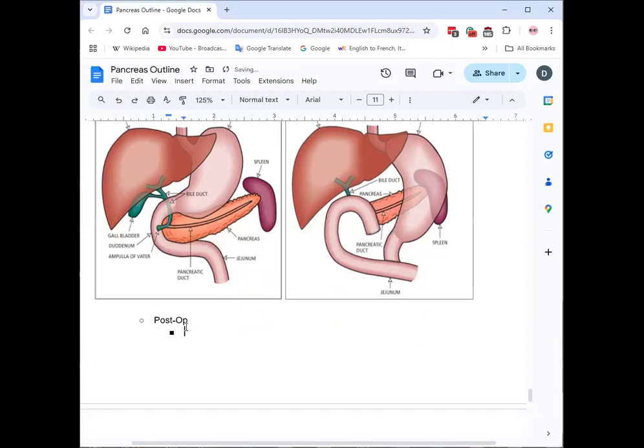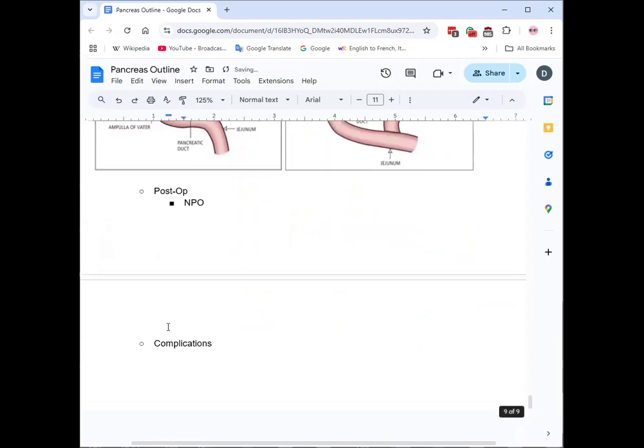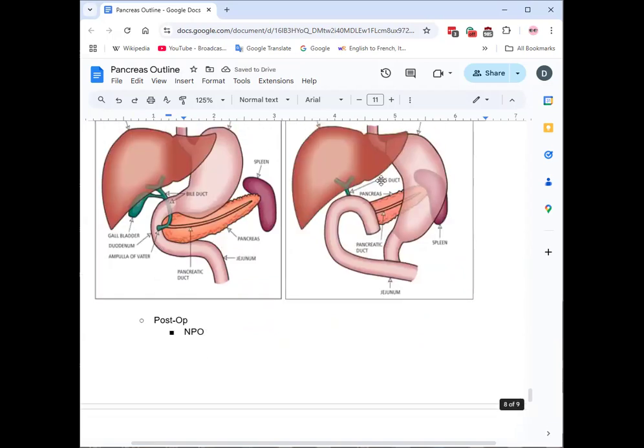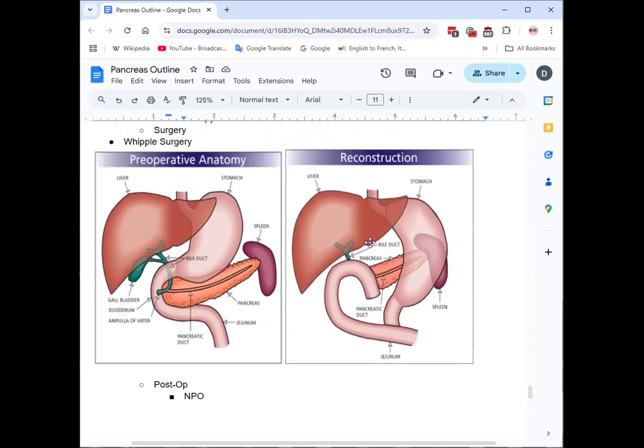So just to quickly go over it, they're going to be NPO, NG2. They're going to be in the ICU, as you can imagine, because this is crazy. I just look at this picture and I keep looking at it. It's like, what the hell?